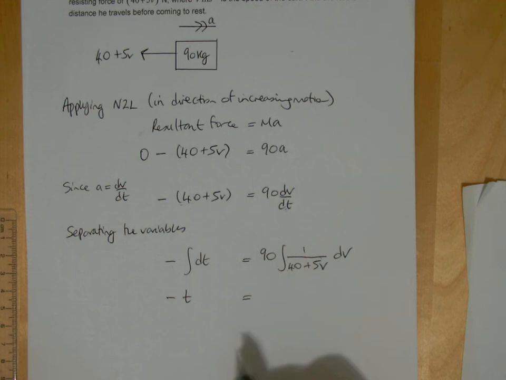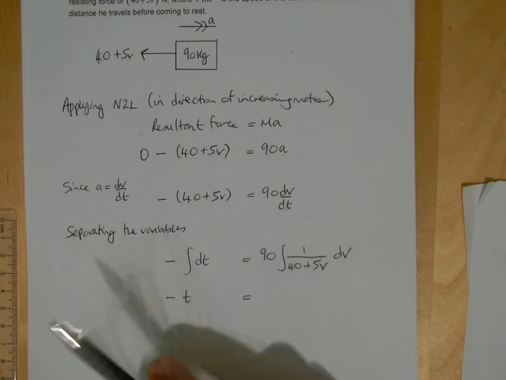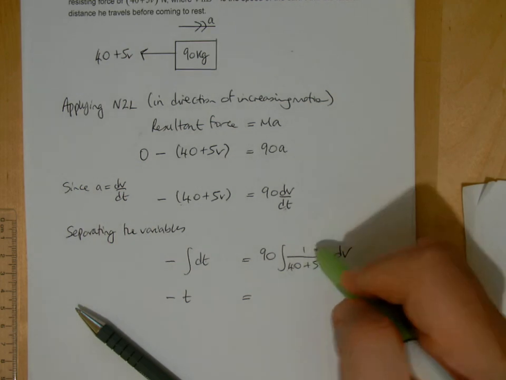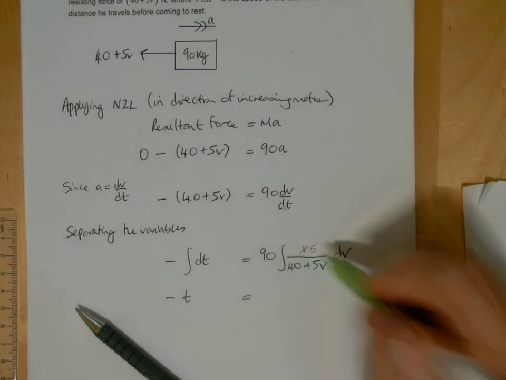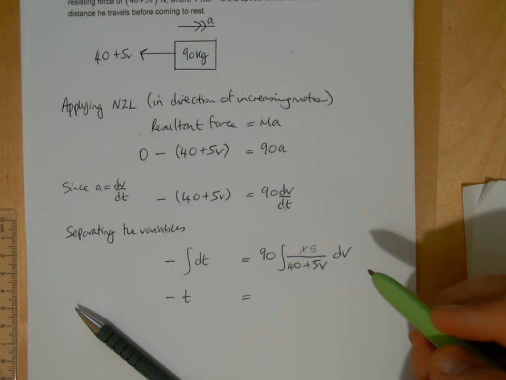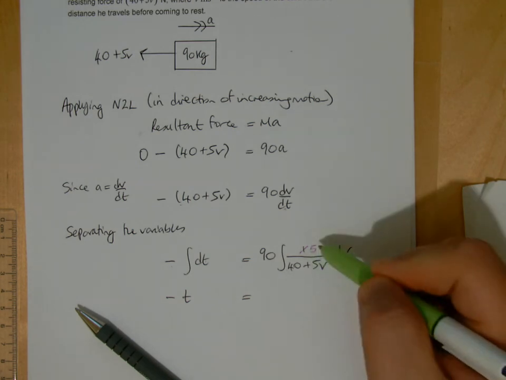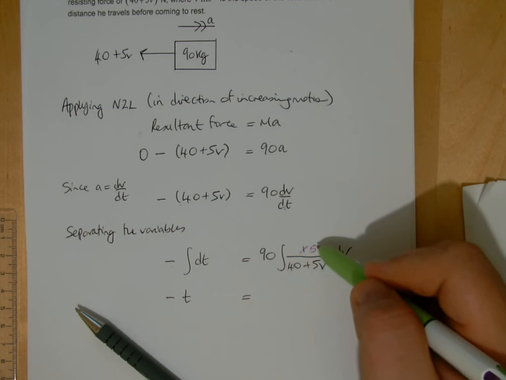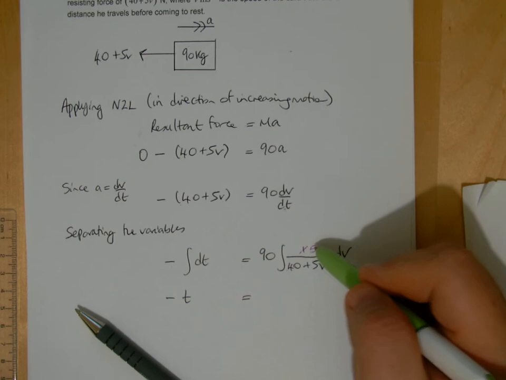Now, differentiate the bottom, I get 5. I haven't got 5 at the top there. So what I'm going to do is multiply the top by 5. So now I've got 5 there. In other words, when I differentiate the bottom, I get that on the top. I get 5 on the top because I've multiplied this fraction by 5.